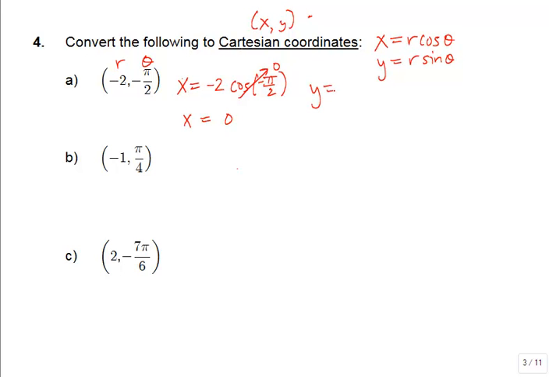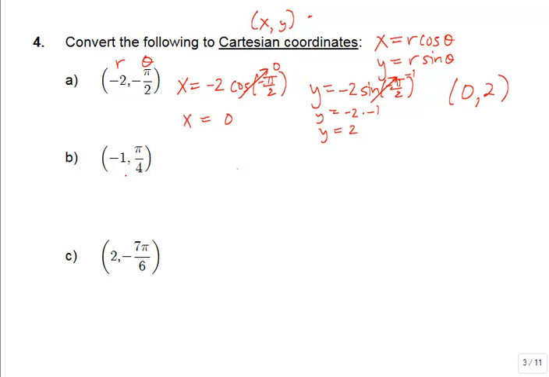To get y, we're going to take our r, which is that -2, times the sine of minus pi over 2. And remember, minus pi over 2 is the same as 3 pi over 2. It's down on the negative y-axis, so this goes to -1. So -2 times -1 means y is going to be +2. So this point is the same as 0 for x, 2 for y.